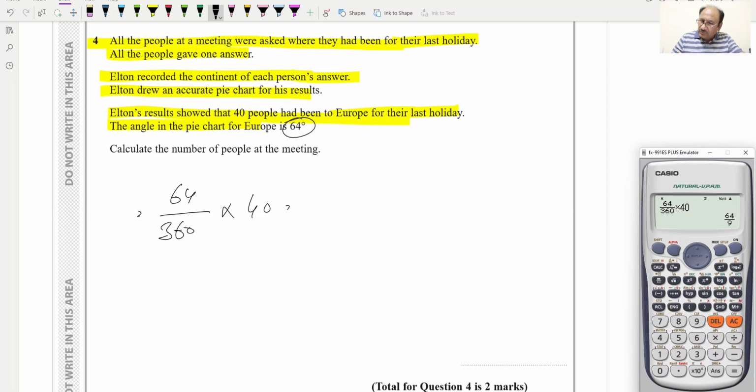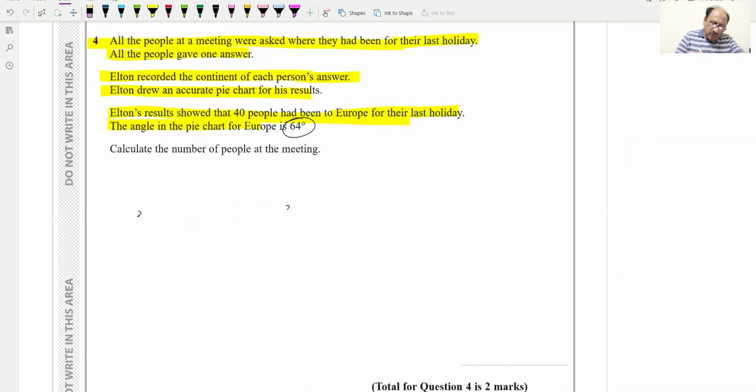Basically we missed something, this will be 40, right? No, this should be 360 over 64 basically. Out of 360, 64 is the angle and 40 is the number of people for Europe.